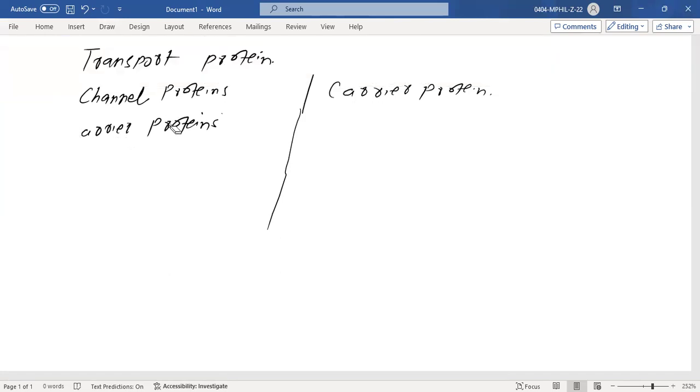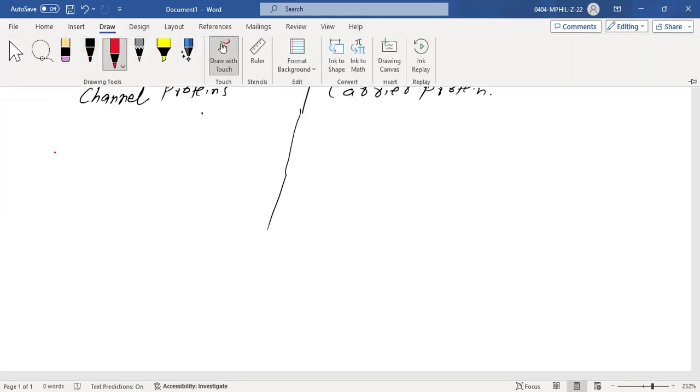So in this case, channel proteins are water filled pores that allow entry or exit of charged ions. Remember, channel proteins are water filled pores.